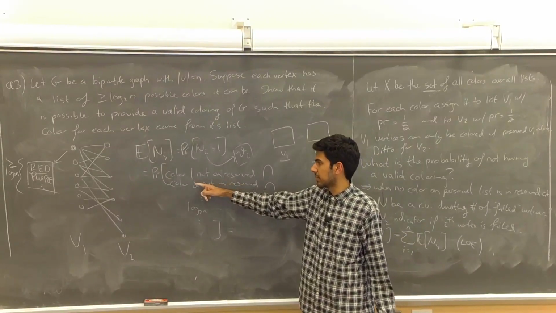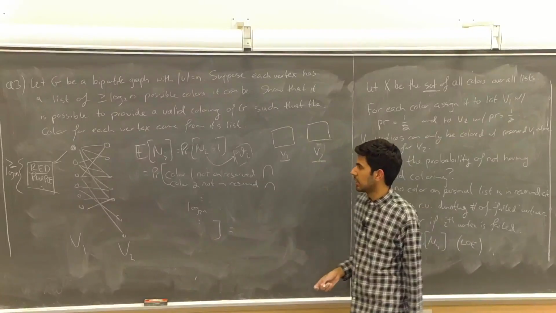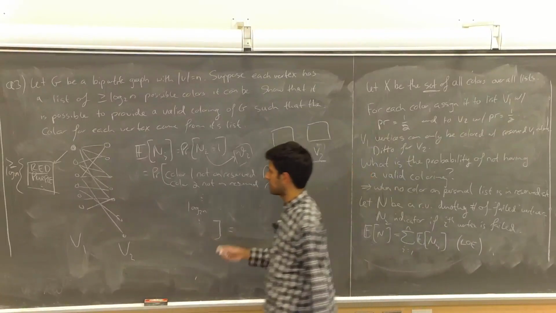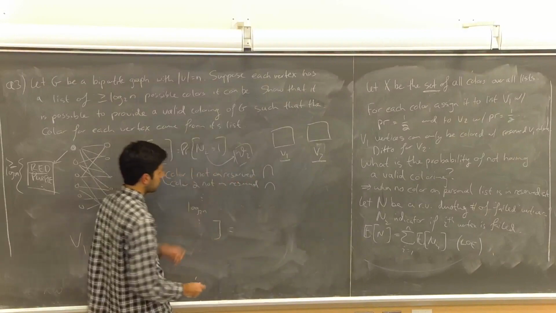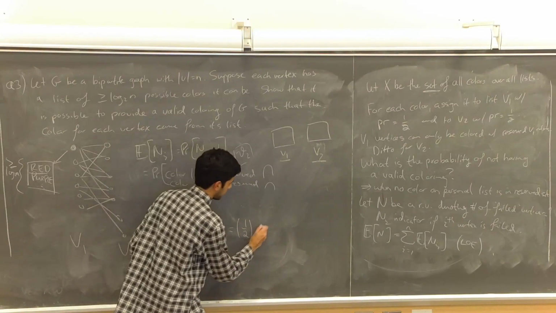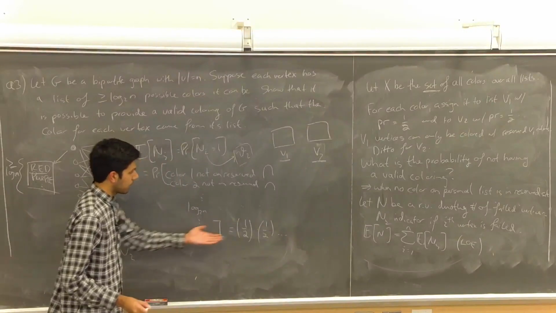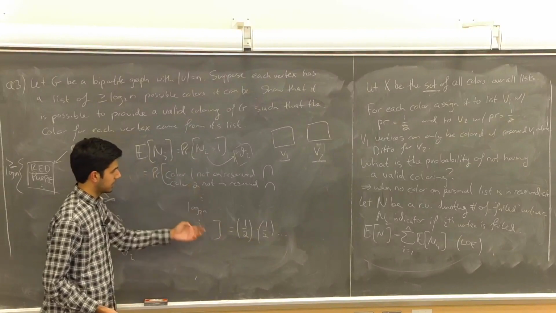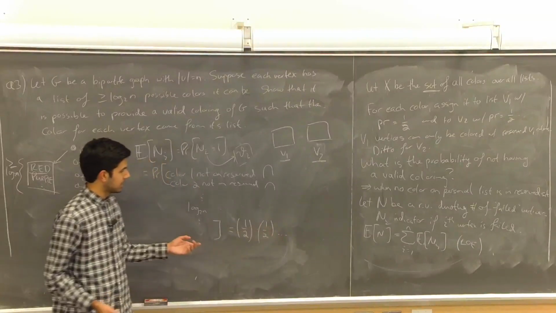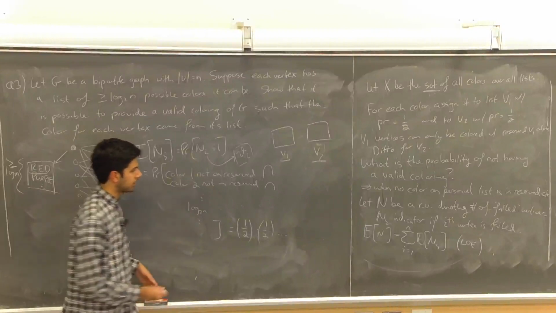Then this is basically saying the probability that color 1 appeared in the V2 reserved set. I probably should have been a bit more clear, but whatever. So yeah, that probability for the first color is 1/2, and same for the second color, and so on and so forth. And we multiply this the number of times that there are colors in this personal list.